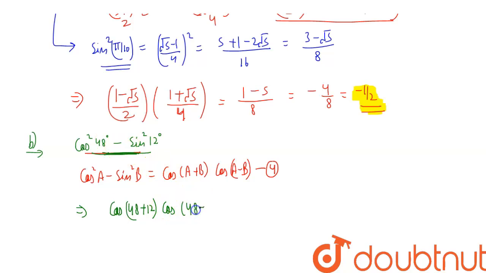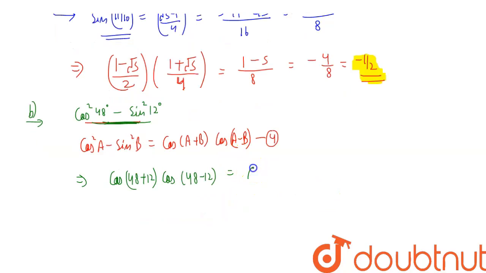So if we solve this ahead, we know that 48 plus 12 is 60. So here we have cos 60 degrees multiplied by the cosine of 48 minus 12, that would be 36 degrees, the cosine of 36 degrees.